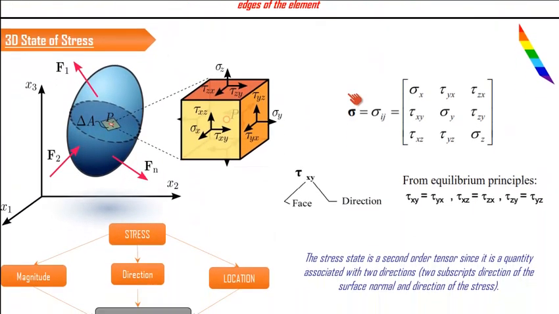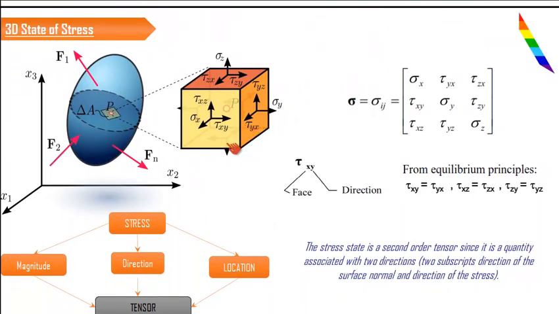Now if we take the three-dimensional case, we have already discussed that this cuboidal element is taken out from a loaded member. This is something which is lying inside the body. So if you represent this entire state of stress as a single quantity, it will be in matrix form.